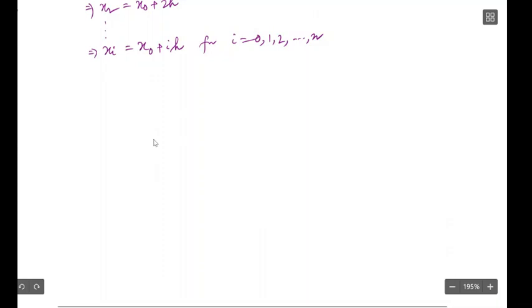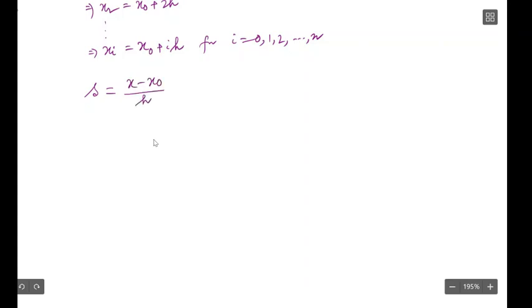And we introduce a new variable s to make the form of the polynomial simpler, which is given by x minus x0 by h.